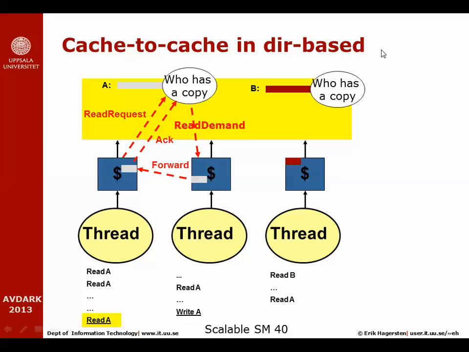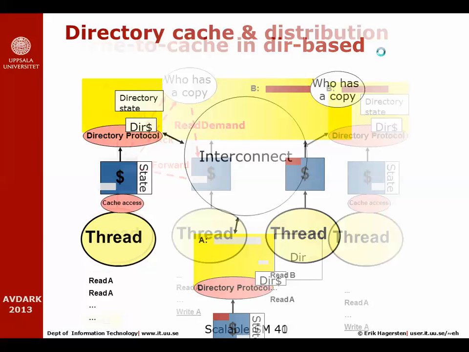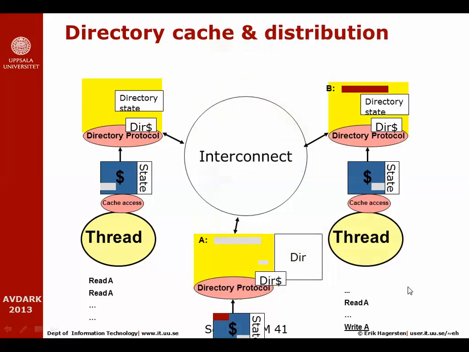So how would this look in a NUMA system where we pull things apart? What I have here is the writer of this example placed in the rightmost node. One of the sharers is the leftmost node, and then we have a third node as well. The third node is the place where the cache line has its home.